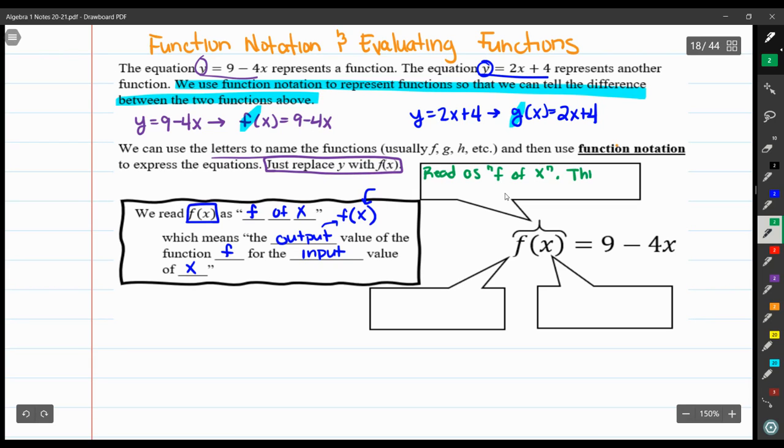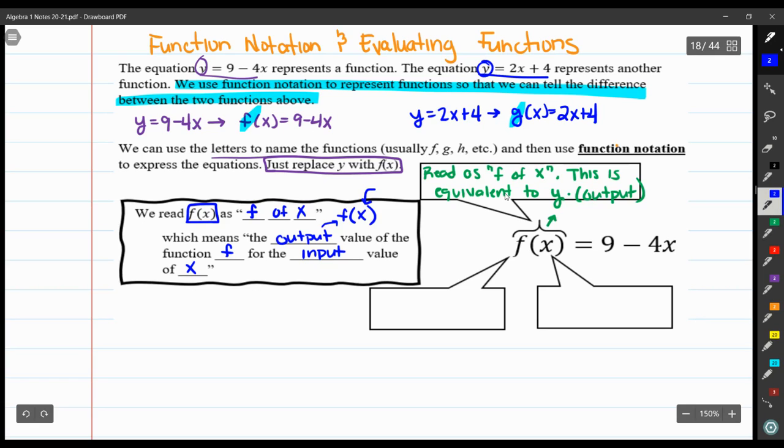And this is equivalent to y. It's just a different way to say it. So f of x is actually y, which means this is an output. This is that range value we talked about. F of x is range, f of x is y's.